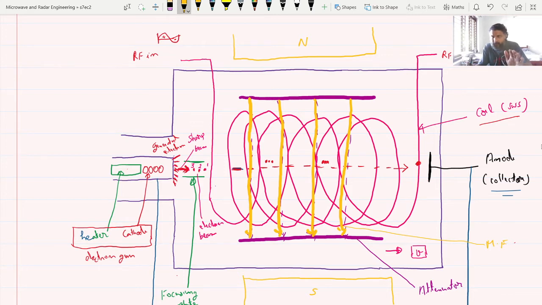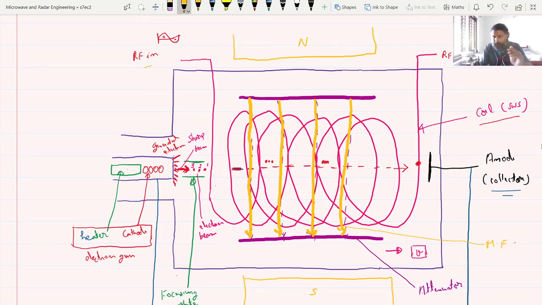So magnets are kept here to generate the magnetic field, and that is why we are utilizing it to have amplification of the signal which is given at the RF input, and the amplified signal will be collected at the RF out.